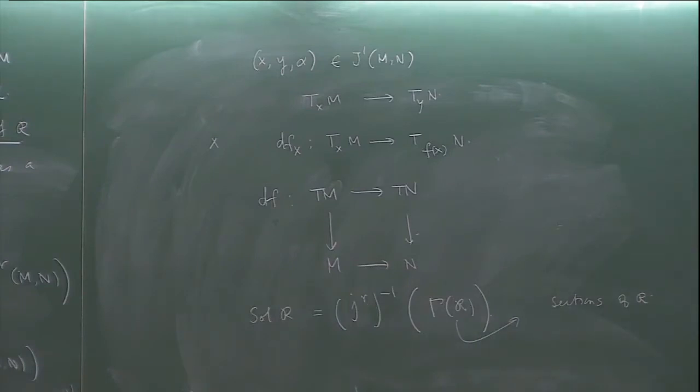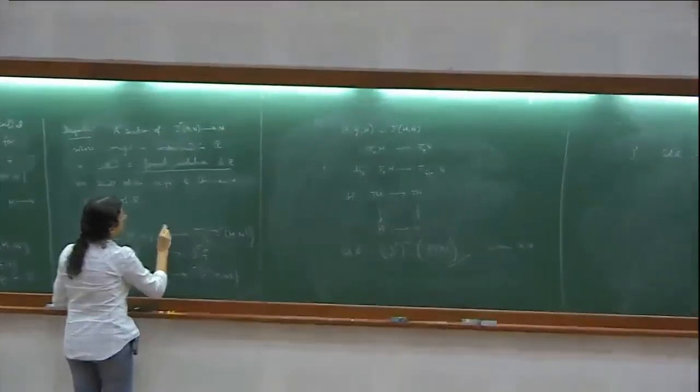In other words, you have this restriction of the JR map. On one side you have the solution space of R, and on the other side you have the formal solutions of R. And if you look at this map, this is actually an injective map.